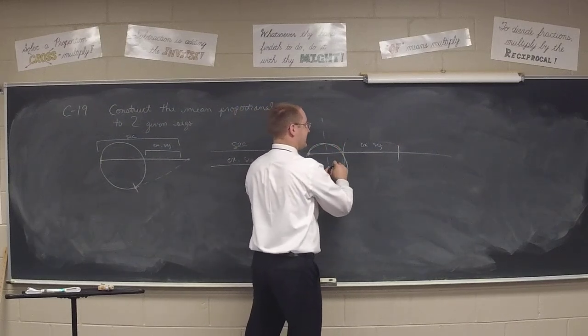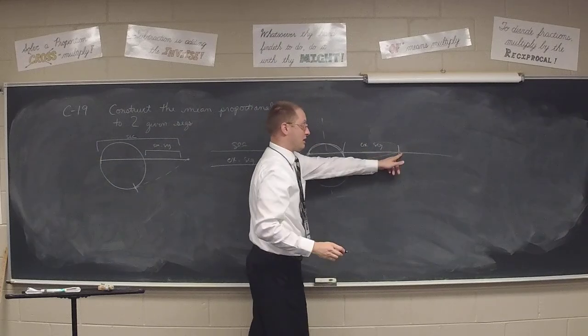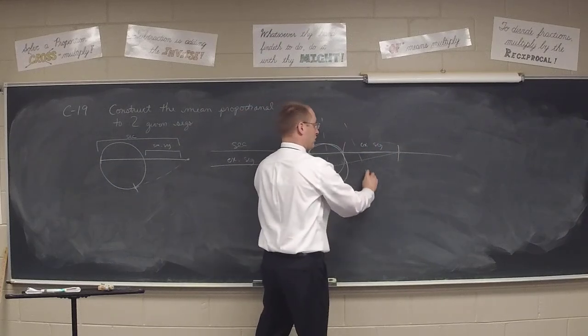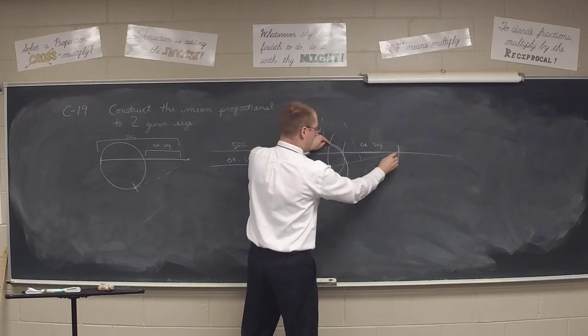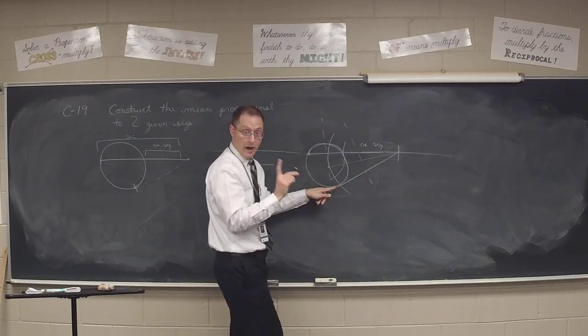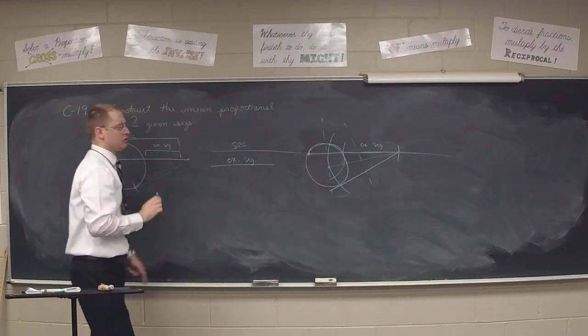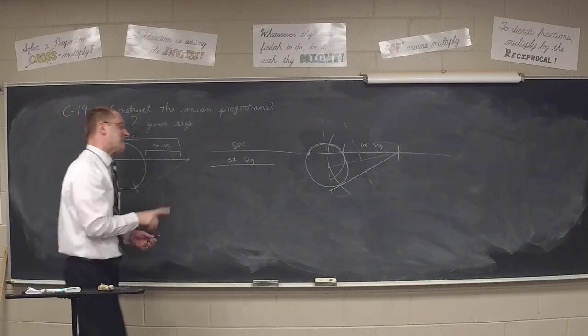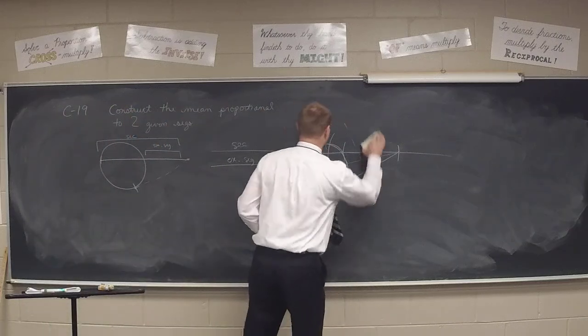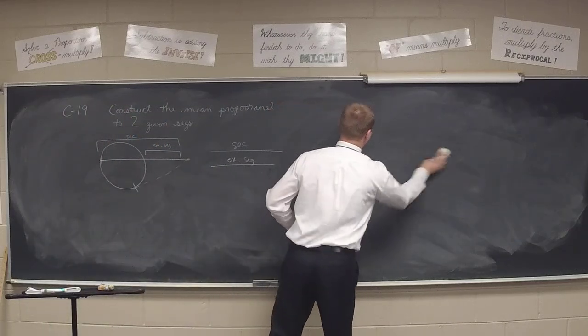Then if I connected these points and opened my compass up some amount, either of these lines would give me a tangent. That would work. Do you get the idea that it's pretty complex? There's a slightly easier one, but that would work, Chris, to your credit. But I'm going to teach you a little bit of an easier way.